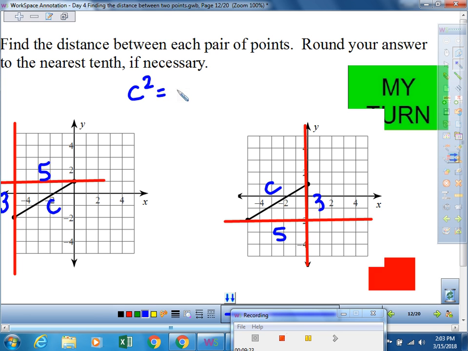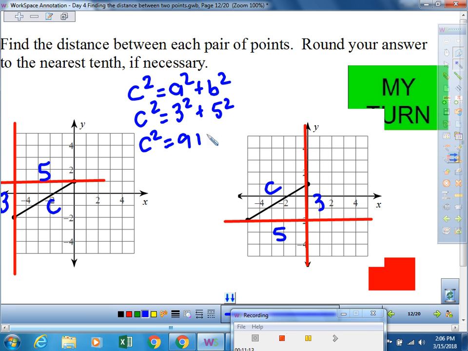I want you to find C squared. Find C squared. And then we will factor together if it's factorable. If I substituted the numbers in, I would have C squared equals 9 plus 25.